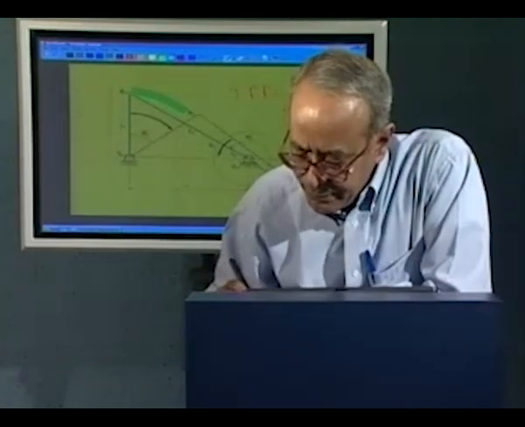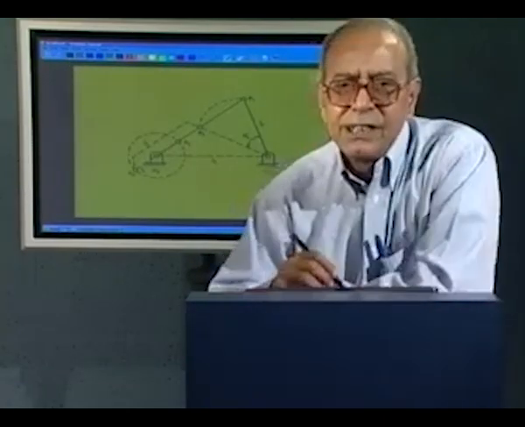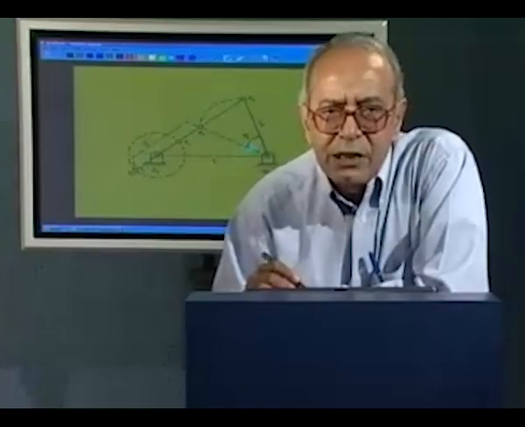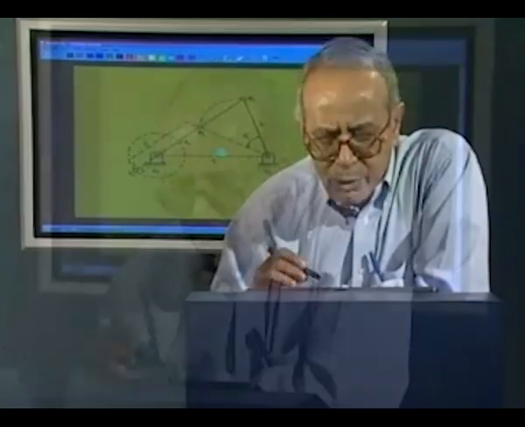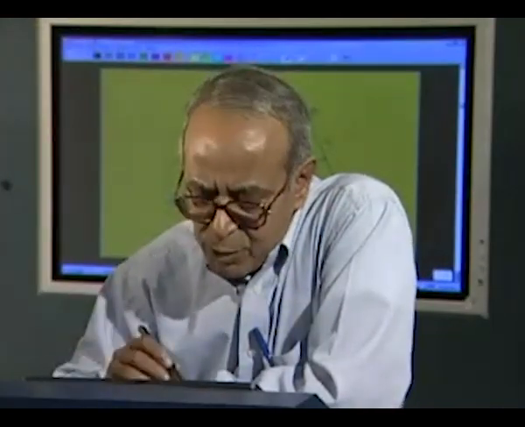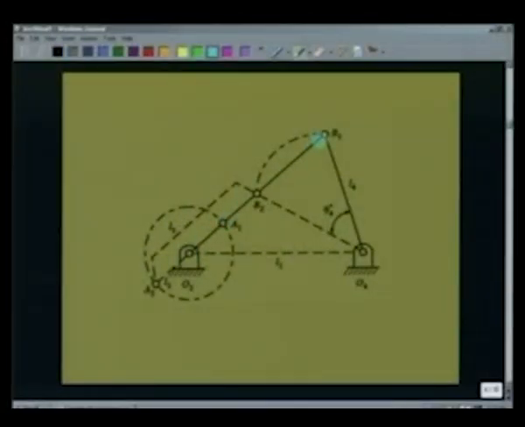Towards this end, we consider this figure which has been drawn for a mechanism without any quick return. One extreme position is O2, A1, B1, O4 and the other extreme position is O2, A2, B2, O4. During these extreme positions, the crank and the coupler are always collinear. This is the outer dead center which is O2, A1, B1 and this is called the inner dead center when O2A2 and A2B2 are opposite to each other.